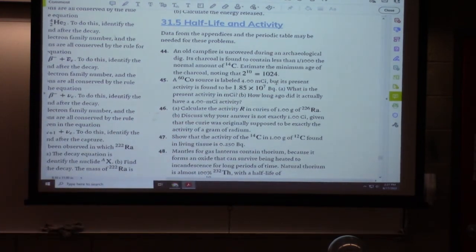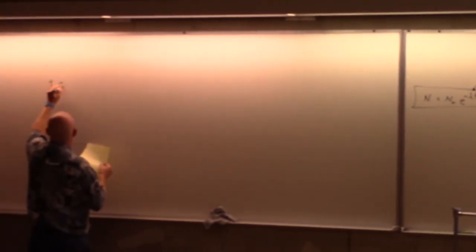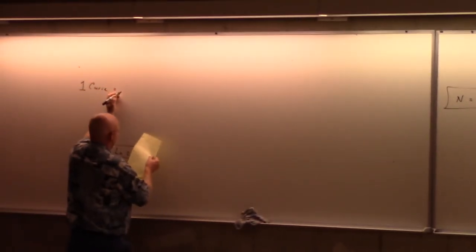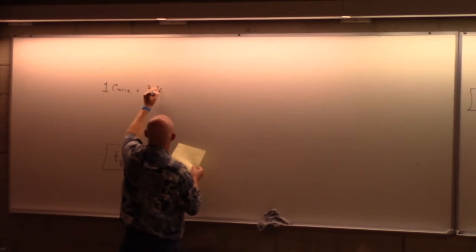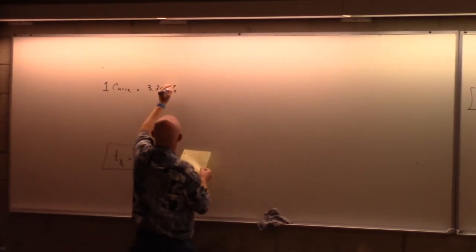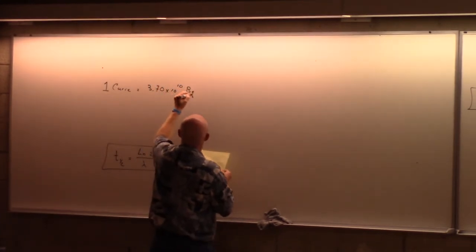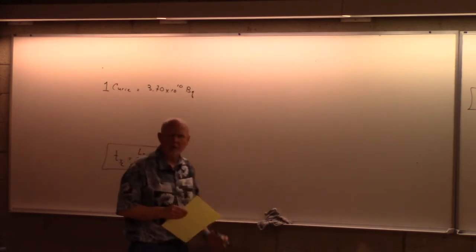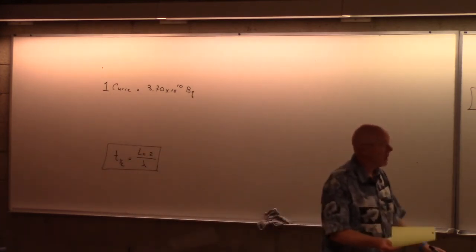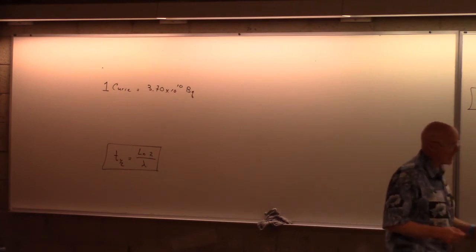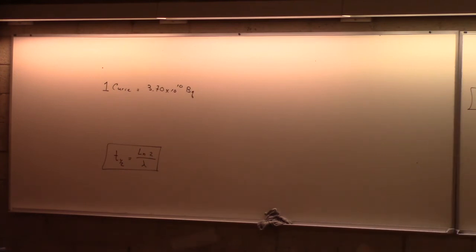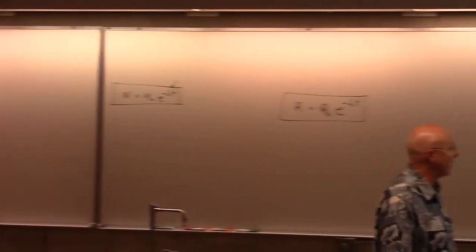But I need that conversion factor. So let me put that back on the board: 1 Curie is equal to 3.70 times 10 to the 10th becquerel. They actually gave this as a radioactive problem, but also a unit conversion, and that's what I like about it.